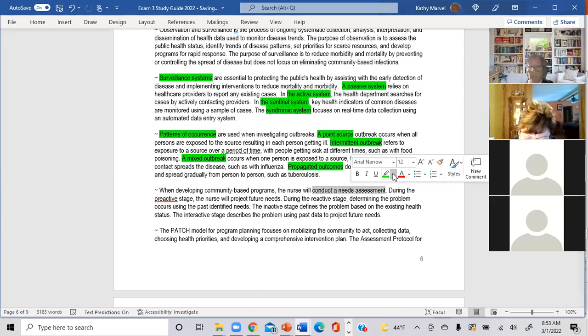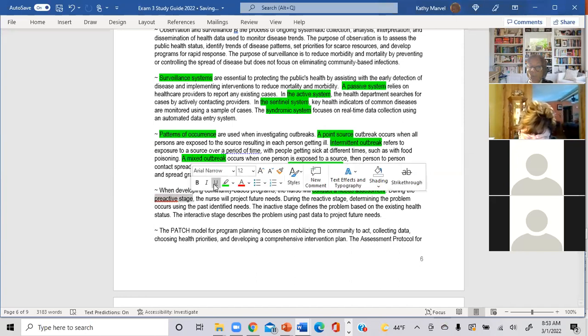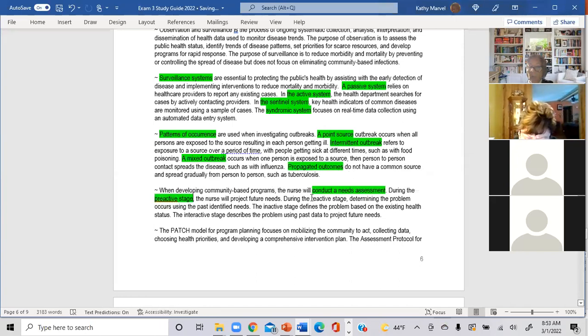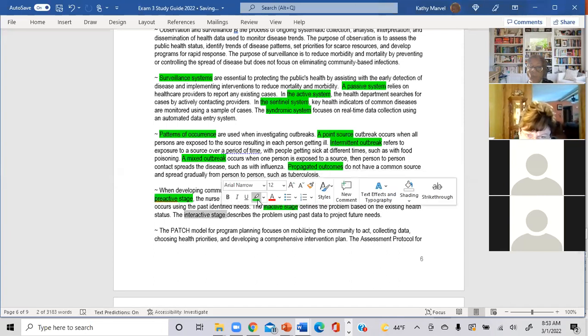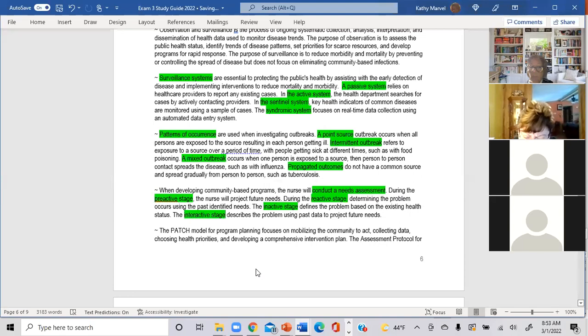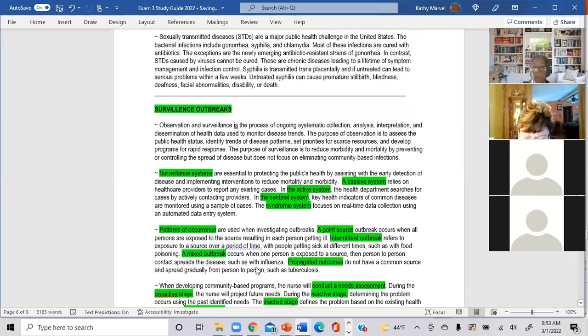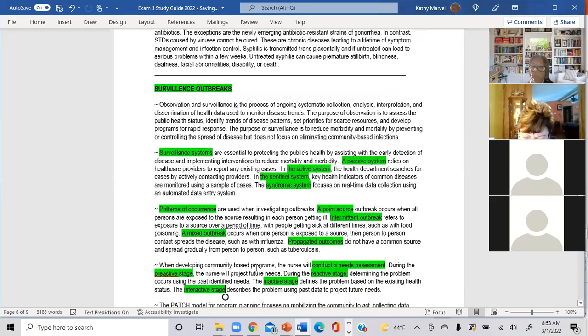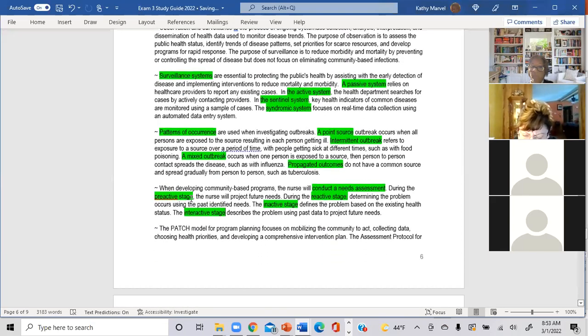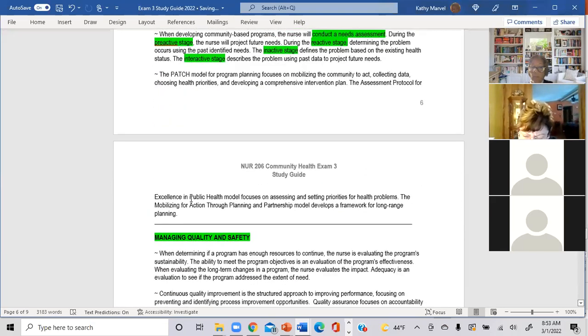We have to conduct a needs assessment, right? We have a preactive stage, a reactive stage, an inactive stage, and an interactive stage. There's a lot of definitions.